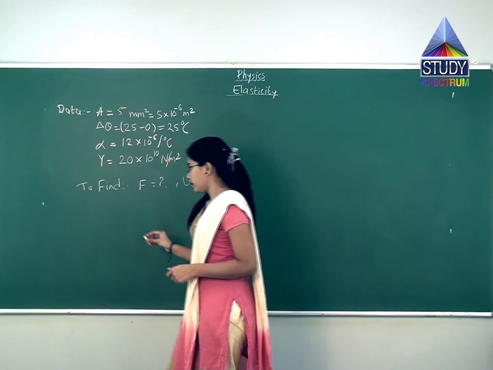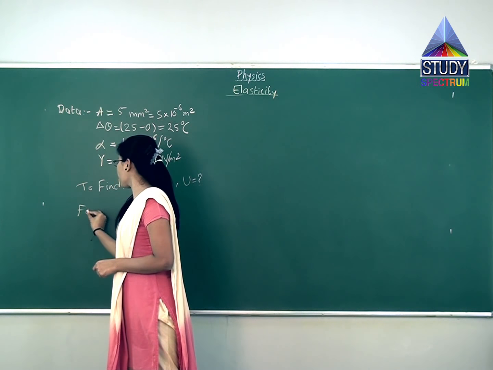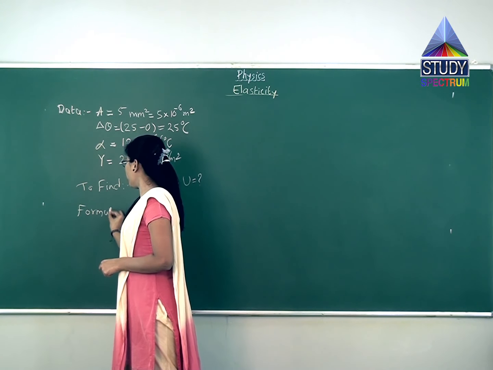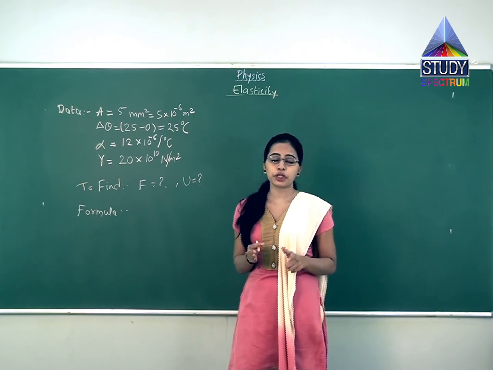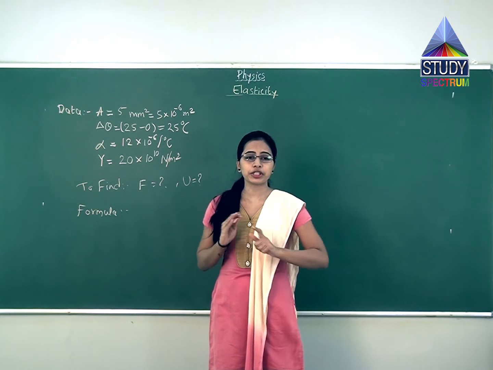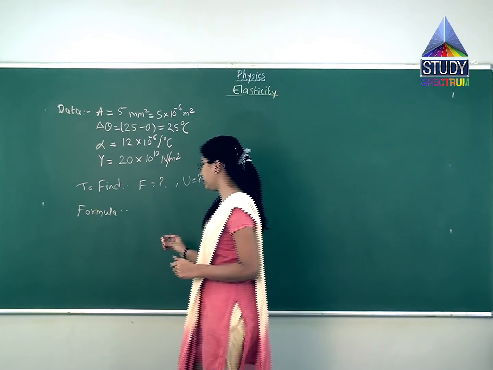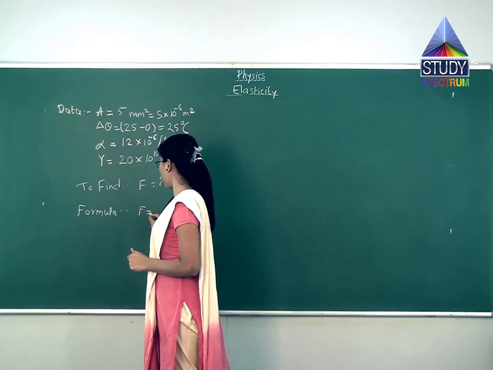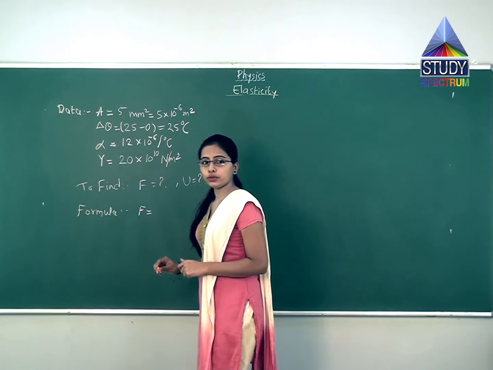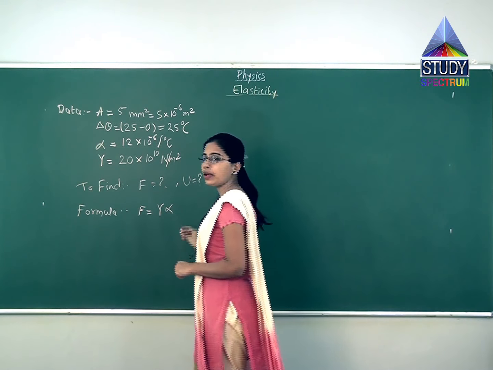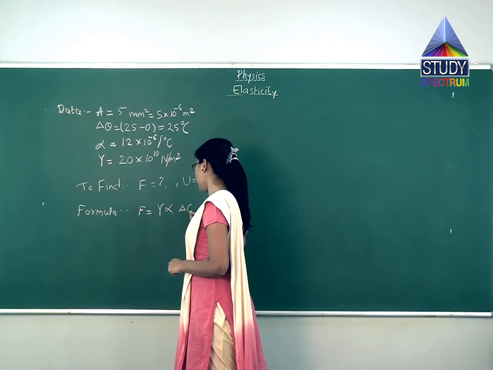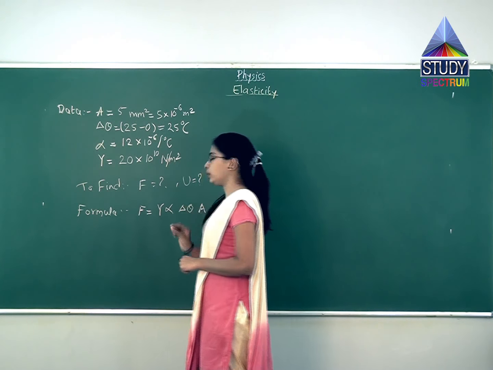Now let us write down the formula. If you remember, in our theory we had derived the expression for linear expansion and Young's modulus, which I am writing here. It was in the form of force. So F is equal to Y alpha delta theta into area.